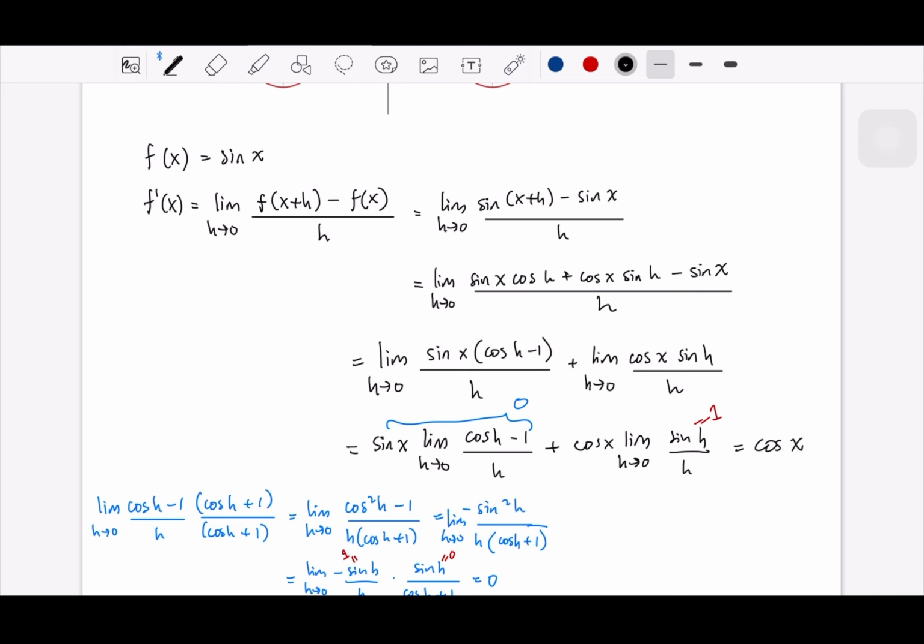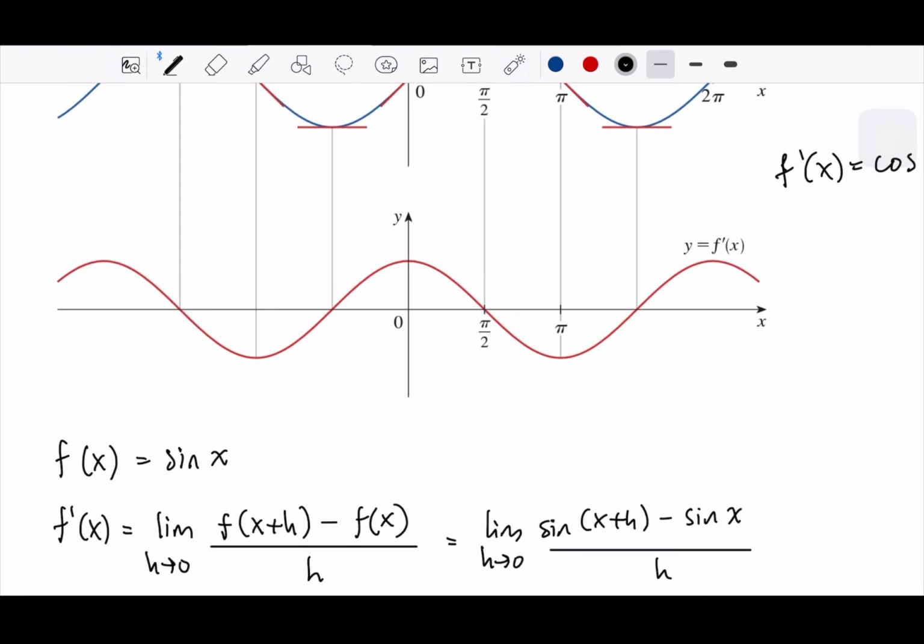Now, if we look at the graph of, let's say this is the cosine, and we take the derivative one more time, it's going to be positive here, negative here, so it's going to be like this, right?